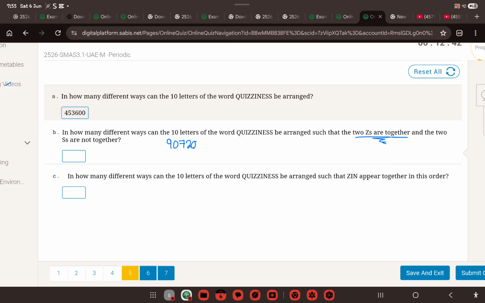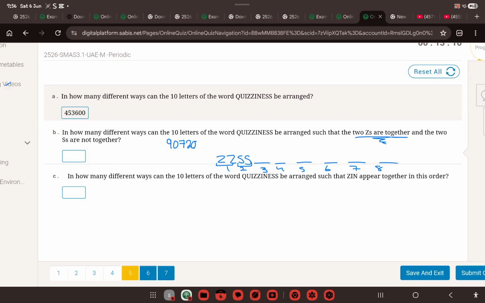Now we can find when the 2 Z's are together and the 2 S's are together. So we can do ZZ, SS. It's hard to apply the formula when you have more than 2 letters together, so we can just draw it out. So we have the 2 Z's, the 2 S's, and then 8 spots in total.